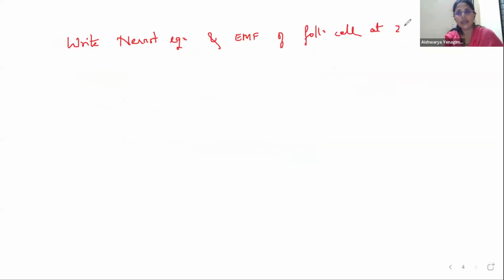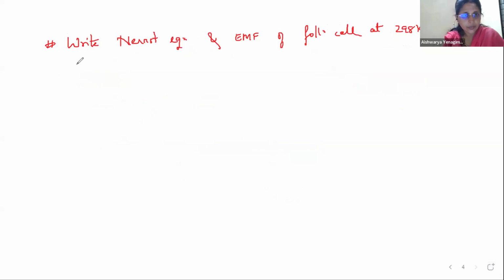Okay, now write the Nernst equation and EMF of the following cell at 298 Kelvin. Okay, the third one.